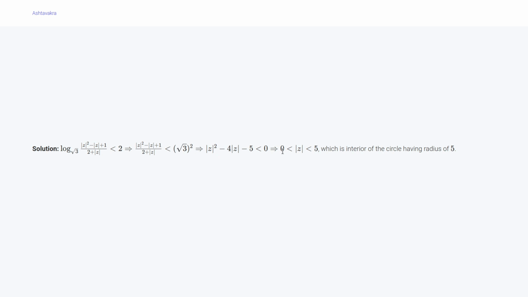So that means mod z is greater than 0 and less than 5. From this equation, one of the roots of mod z would be minus 1, but mod z cannot be negative. Mod z is always greater than 0. This represents the interior of a circle having radius 5.